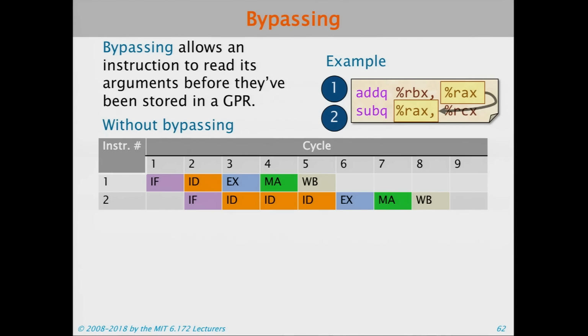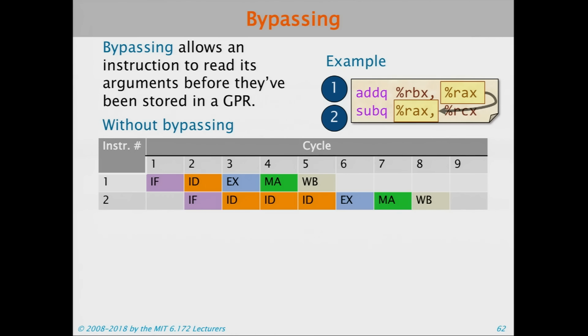The first thing is a strategy called bypassing. Suppose you have an instruction that's writing into RAX, and then you're going to use that to read. Why bother waiting for it to be stored into the register file and then pulled back out for the second instruction? Instead, let's have a bypass, a special circuit that identifies that kind of situation and feeds it directly to the next instruction without requiring that it go into the register file and back out.